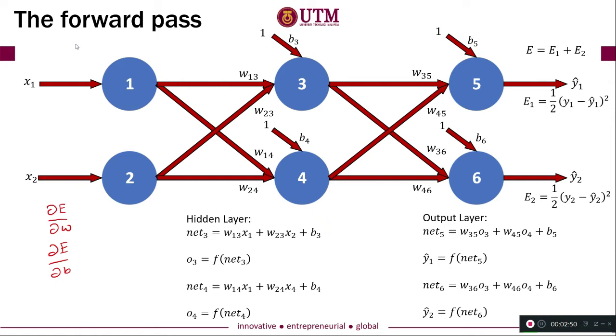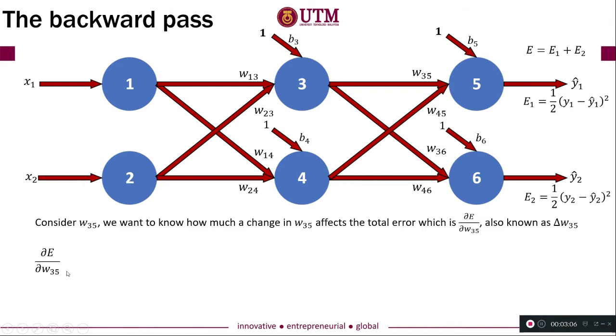Now I would like to discuss what happens in the backward pass, and again the purpose of the backward pass is that you want to find del E del W and del E del B. Because we have a lot of W and B, of course I cannot show you every example derived from here to here, so I just take one case.